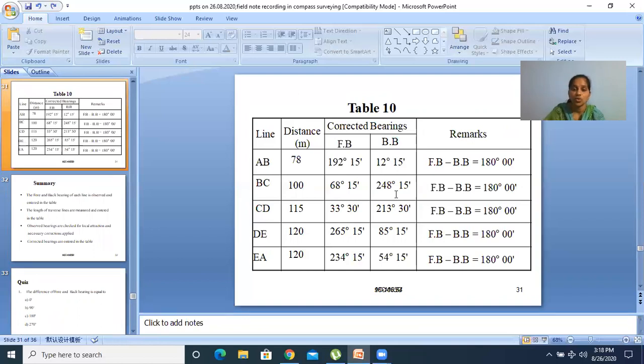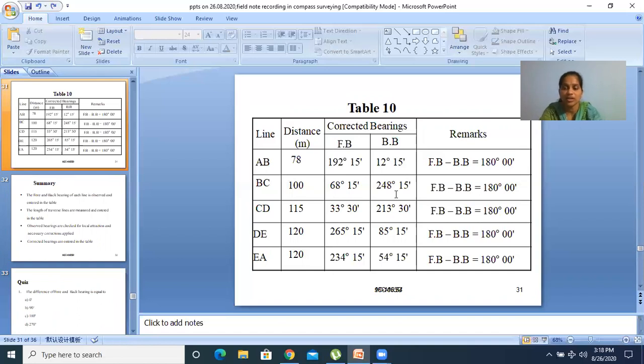If you all understood, is it okay? If any station is free from local attraction, then you can make the corrections for the other stations or other lines. Then you can use the direct method. It is easy to use the direct method.